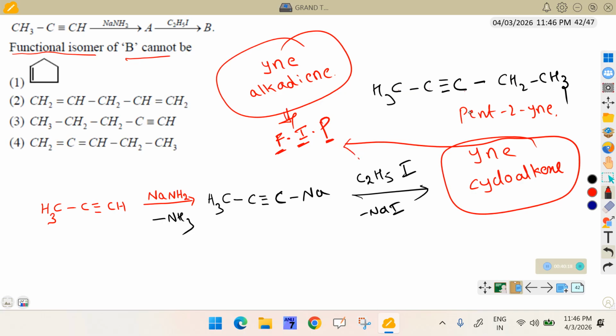This is pent-2-yne and this is pent-1-yne. Pent-2-yne and pent-1-yne are not functional isomer pairs. These are positional isomers.